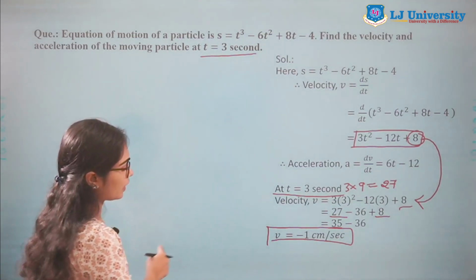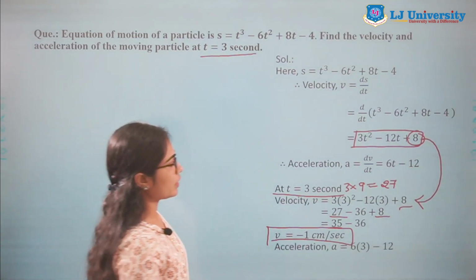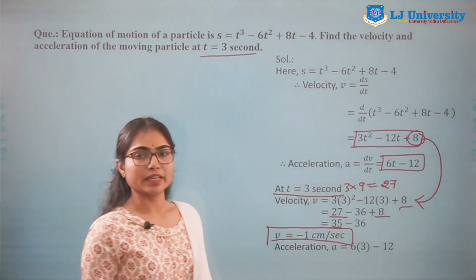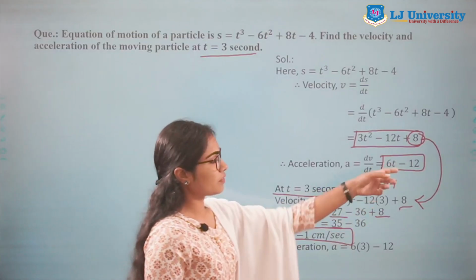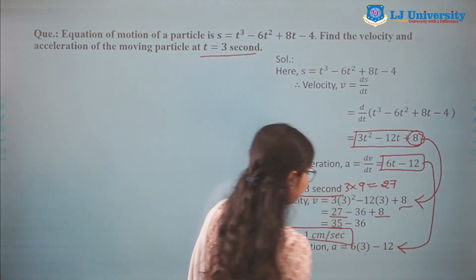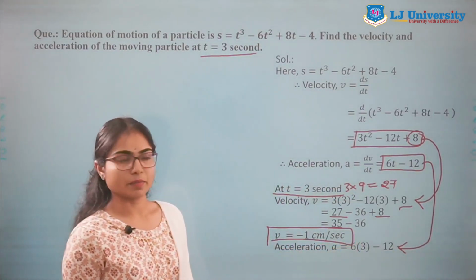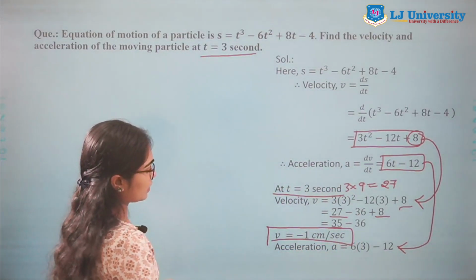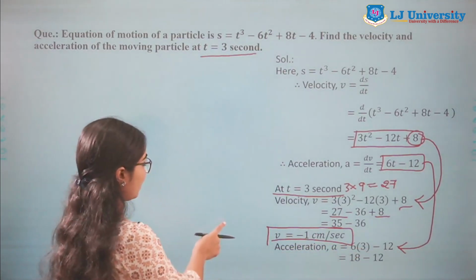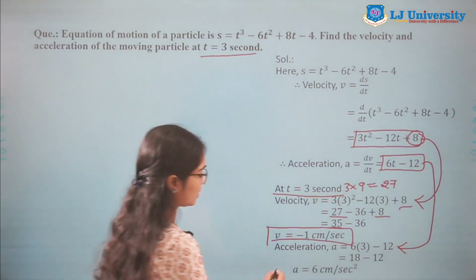Now let's see for acceleration. Here we have the equation of acceleration as 6t minus 12. We put t equals 3 here. So here we get 6 into 3 minus 12, that is 6 threes are 18, minus 12, and 18 minus 12 is 6.